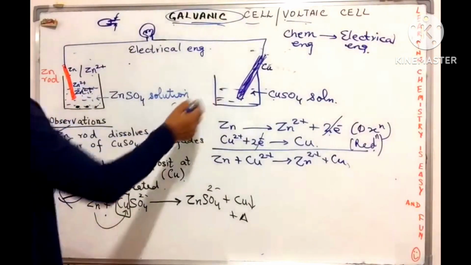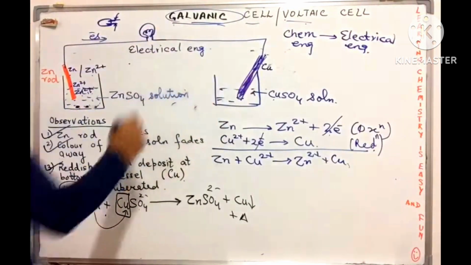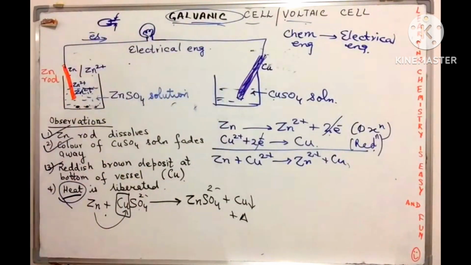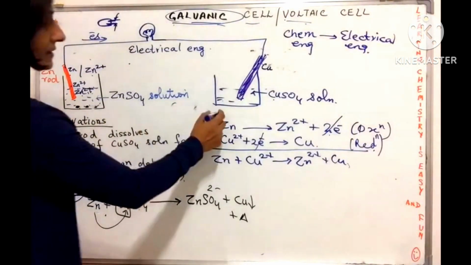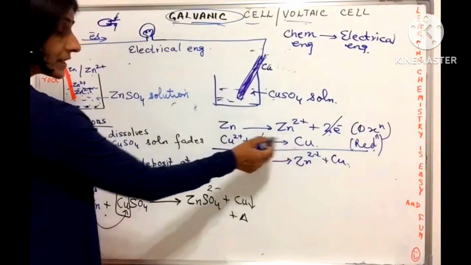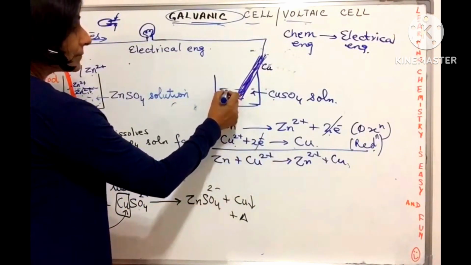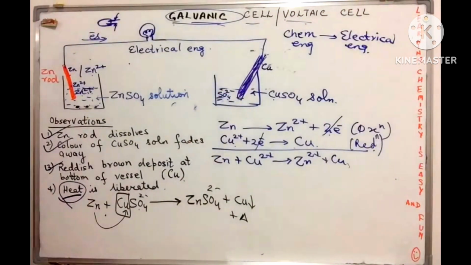What about the second beaker? Yes, we agree that the electrons will start flowing from zinc to copper in order to generate current. But in the process, because copper ions are getting discharged as copper, they are taking up 2 electrons, we will have a buildup of excess of sulfate ions in the solution.